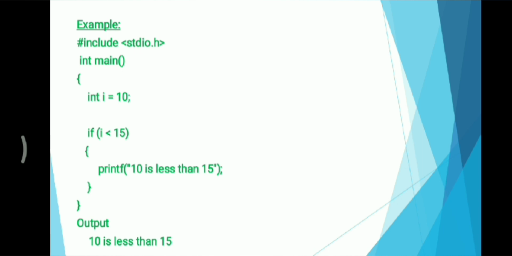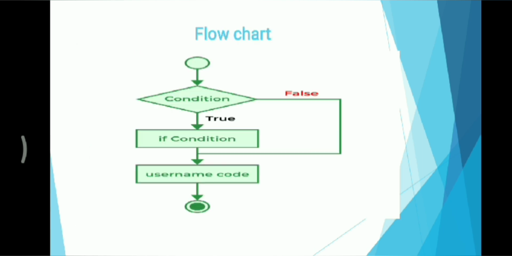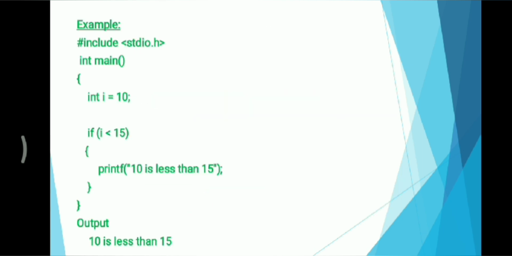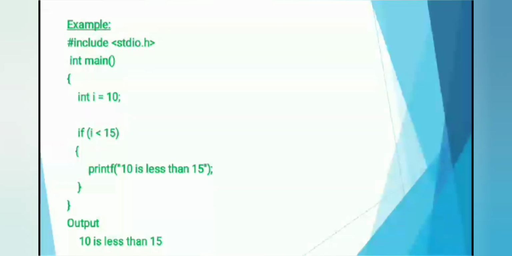Now I am going to use the if condition here. What is the keyword for the if statement? If is a keyword. Within parentheses you give the condition. The condition I have given is i less than 15. What does i carry? Already I have assigned 10 to i. So check the condition: 10 less than 15. Is the condition true or false? The condition is true, so what is within the curly brackets will be executed.